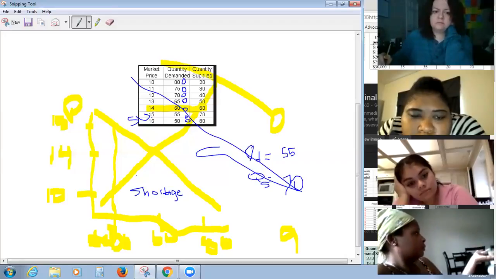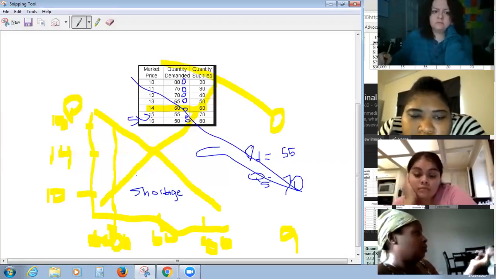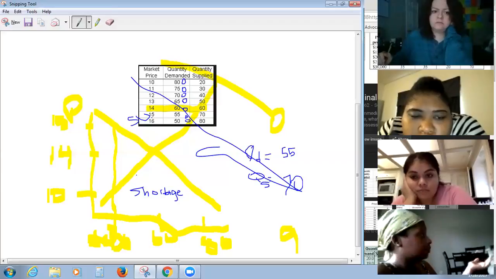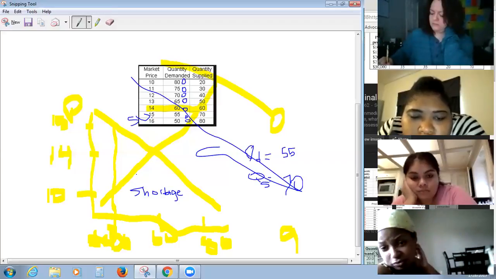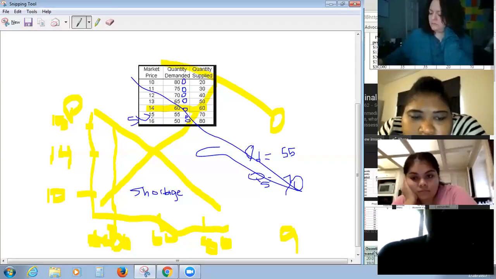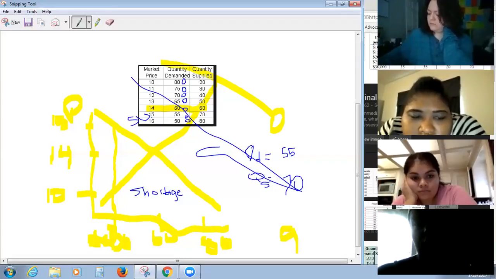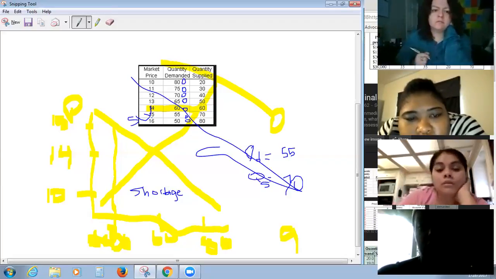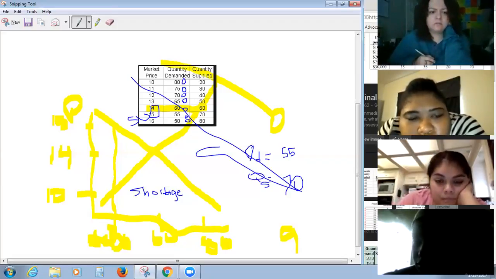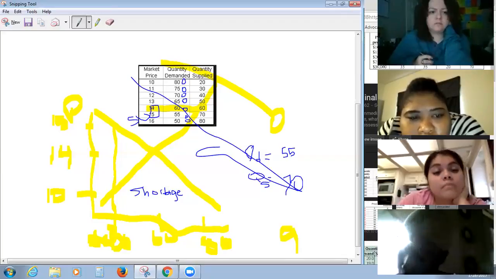Make sure you know the difference between that and a change in quantity demanded. A change in demand happens because of the non-price determinants moving. A change in quantity demanded just means that the price went from $14 to $15. When there is a change in price, that is a change in quantity demanded.